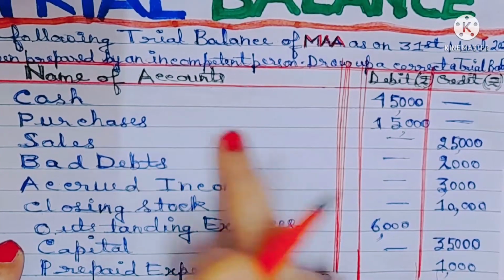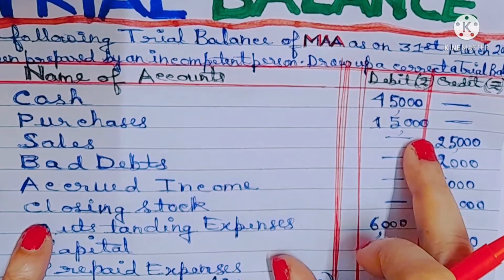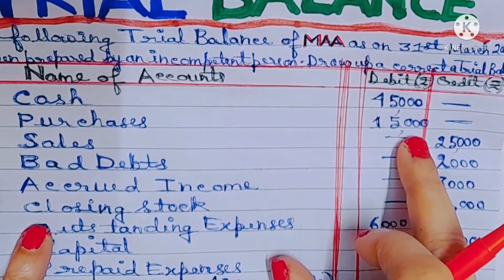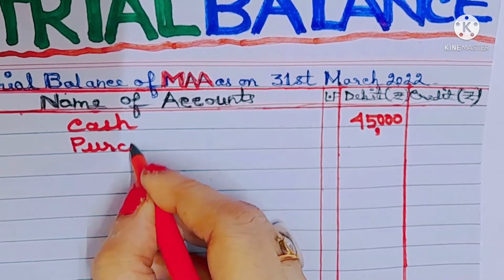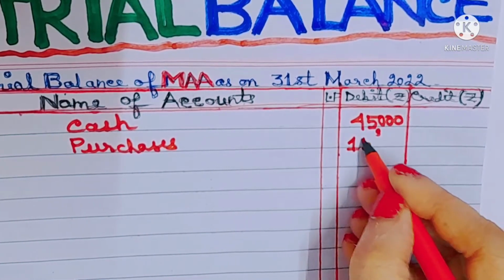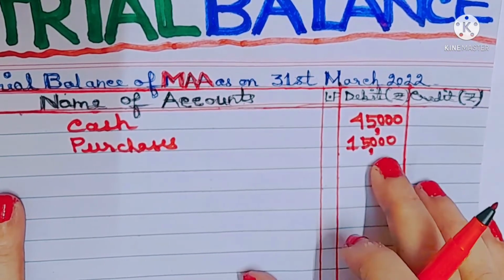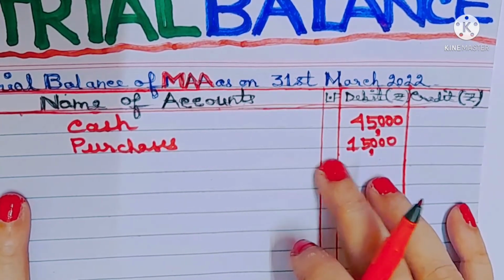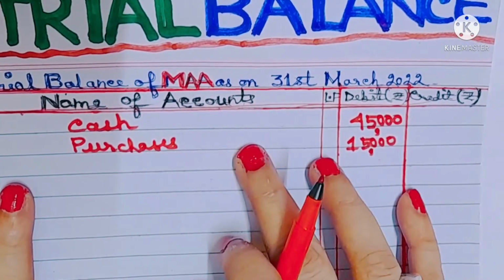The next account is purchases, which has been written correctly in the debit column, 15,000. So, let's write purchases, 15,000. Purchases has a debit balance and that is the reason we have written it in the debit column. Why is purchases debit? Because purchases comes under real account as well as nominal account.